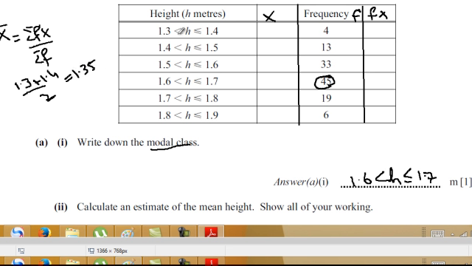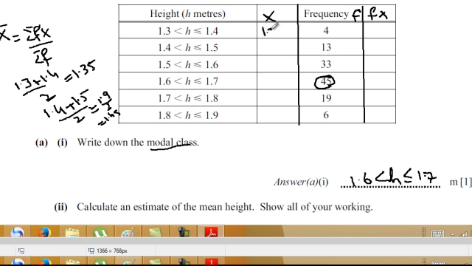In the same way, for the second class interval, 1.4 plus 1.5 is 2.9, divided by 2 results in 1.45. So in this column we will find the midpoints of all these class intervals.